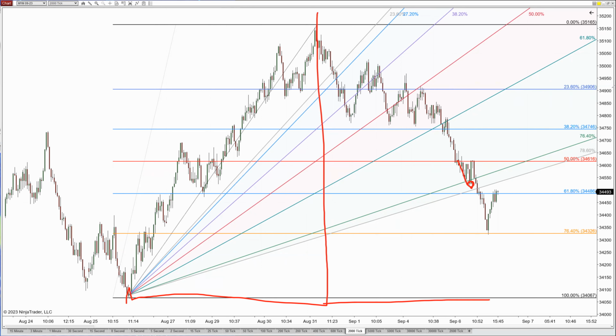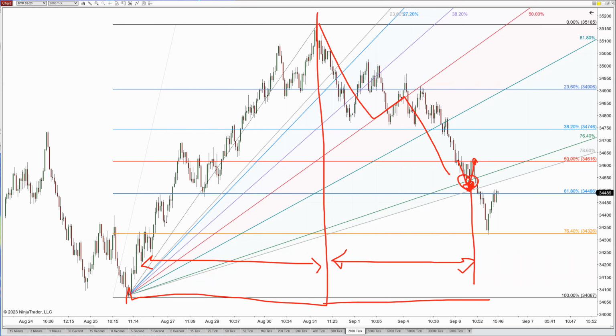So in an ideal continuation move, what we would expect is that if this is coming into a 76.4, but this time development here is shorter than over here, you have a greater risk that your bounce off of that level won't necessarily turn things around, especially if it's gaining momentum as it comes into that.